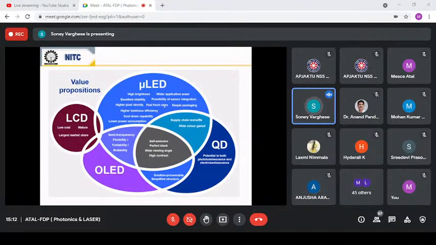And as I told you, why we are going behind LCD is that for the time being, it is the cheapest one available, low cost, and highly saturated. I mean, a mature technology, and still the largest market share. Maybe at some point of time, like the CRT was replaced with LCD, the LCD will be replaced with micro LEDs or, I don't know, quantum dots or something like that.